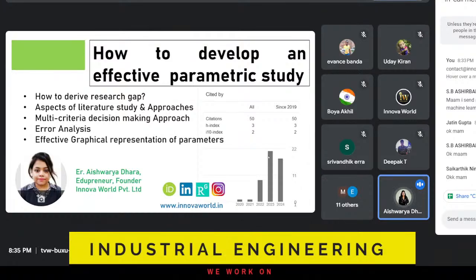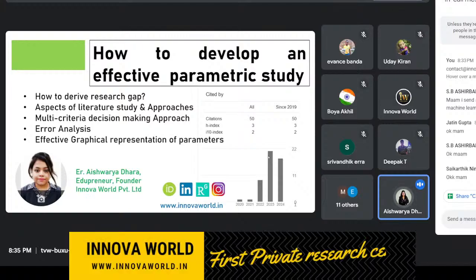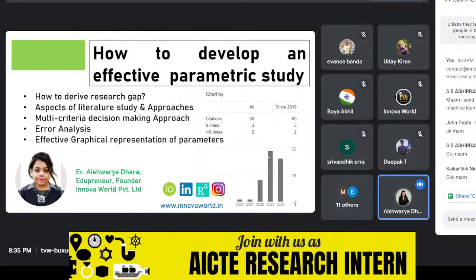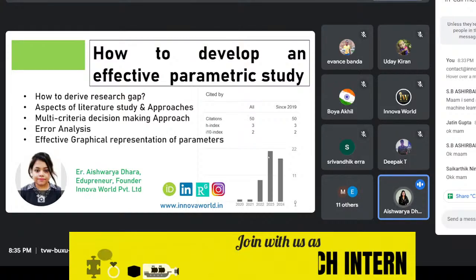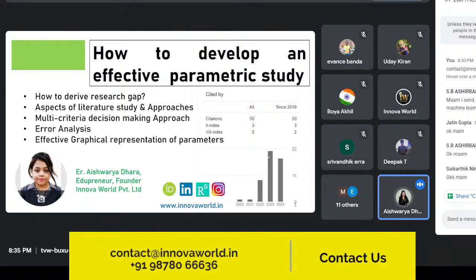That is a key thing: how to derive the research gap, how to work on those approaches, and how to do your error analysis, because you have to understand the statistical method, how to predict the error, and how to represent it. Representation is key. In one of our sessions you learned how to conduct an effective presentation.